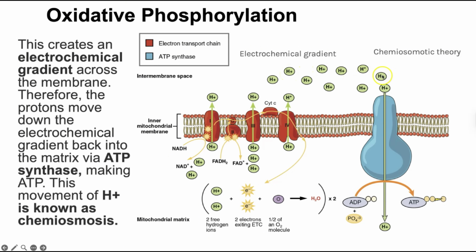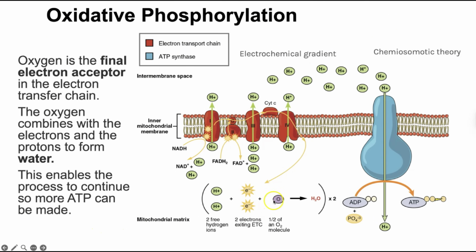And as a result, the hydrogen ion can move down its concentration gradient through the enzyme ATP synthase, and that enables ATP synthase to phosphorylate ADP, meaning ADP plus Pi, into ATP. So that is how we get lots of ATP being produced. And this is almost identical to that chemiosmosis that we saw in photosynthesis as well.